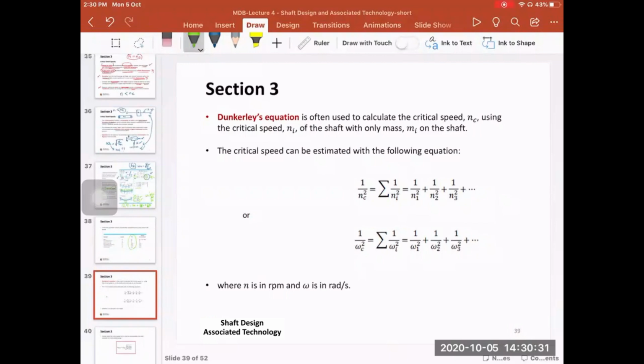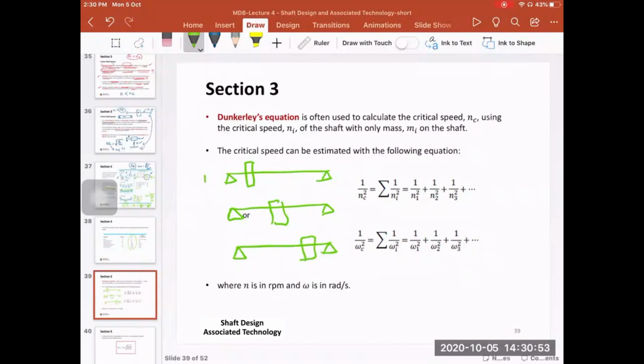So what you need to do, just again, consider that, for example, if you have three masses, you consider your shaft, okay, with the first mass only. Then consider the shaft with the second mass only. Then you consider the shaft with the third mass only, okay?